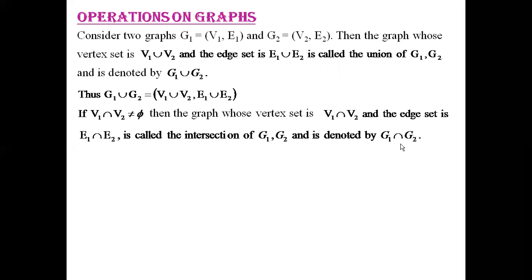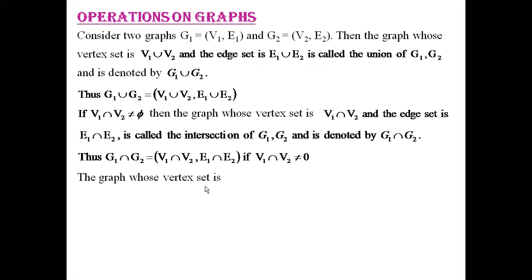If we want to consider the intersection of two graphs G1 and G2, then it is the intersection of the vertex sets as well as the intersection of the edge sets, with the condition that the intersection of the vertex sets should not be a null set. Thus, G1 intersection G2 is equal to (V1 intersection V2, E1 intersection E2) with the condition that V1 intersection V2 is not equal to a null set.